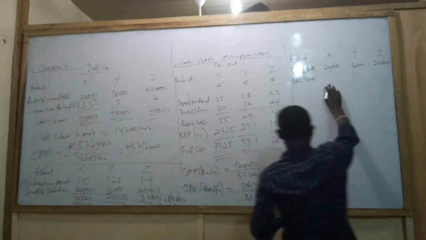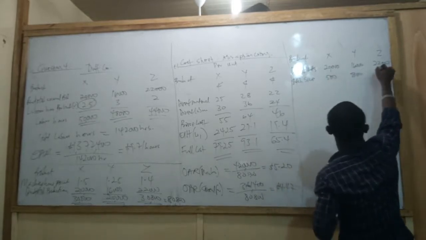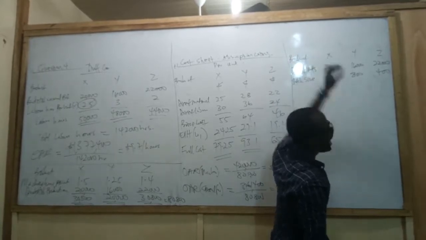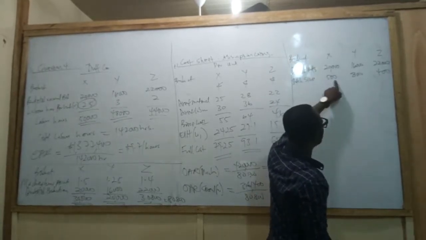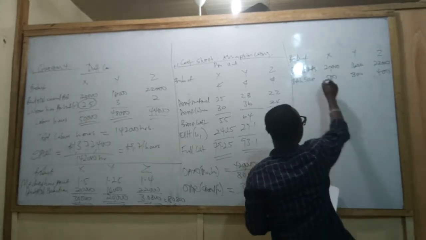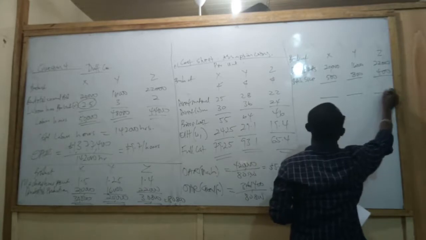If this is the total units we want to produce, and each time we can demand 500, then when we divide them, we get the number of batches. I don't know if you understand.